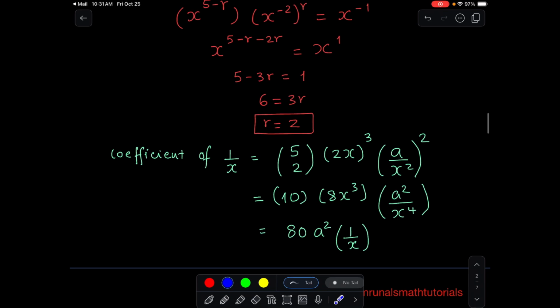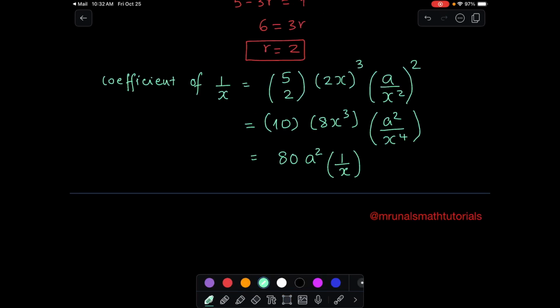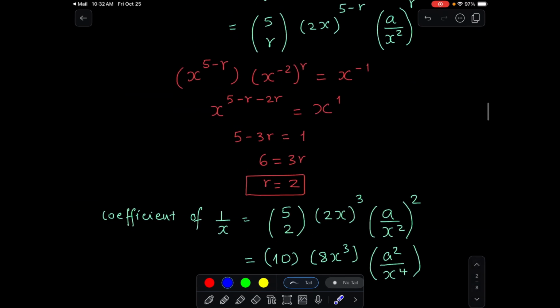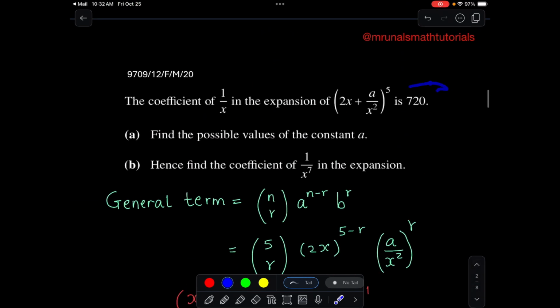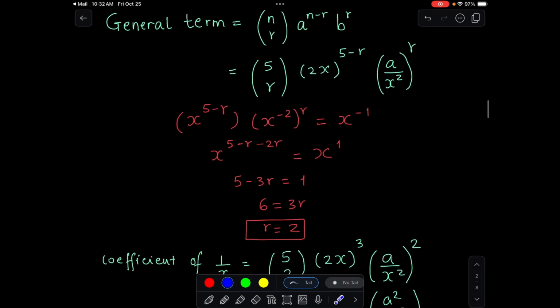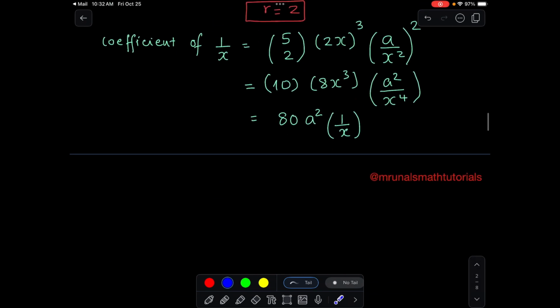So let me make some space over here. So 80a squared is the coefficient of 1 over x, and this coefficient is equal to 720. So we are going to now equate 80a squared is equal to 720.